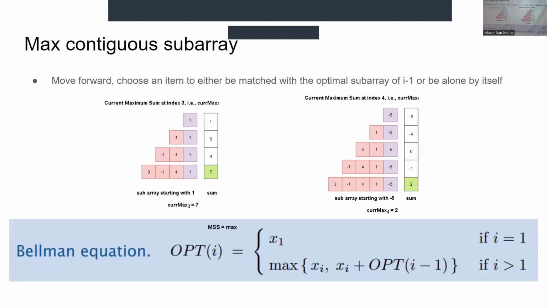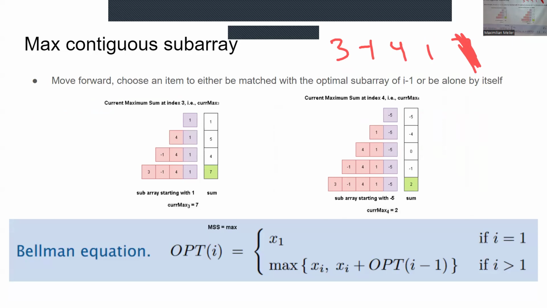Okay, let's move on. Max continuous subarray. Say you have a range of numbers, like 3, -1, 4, 1.